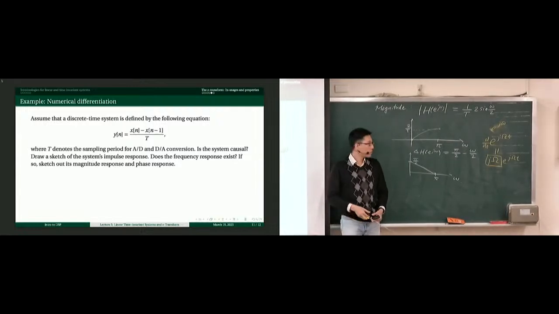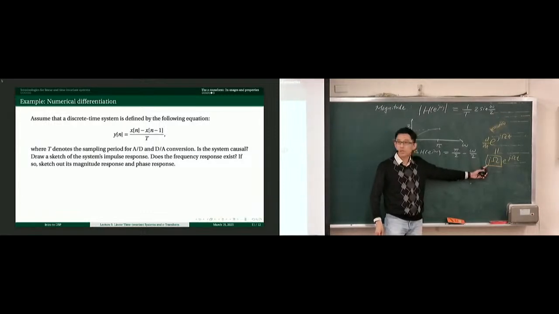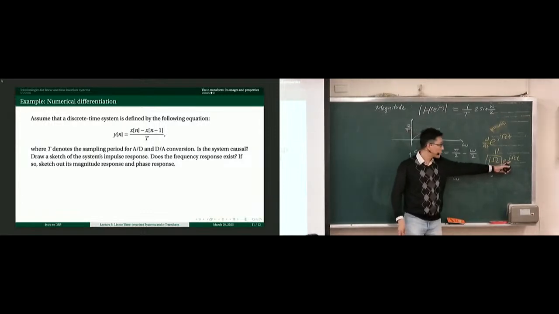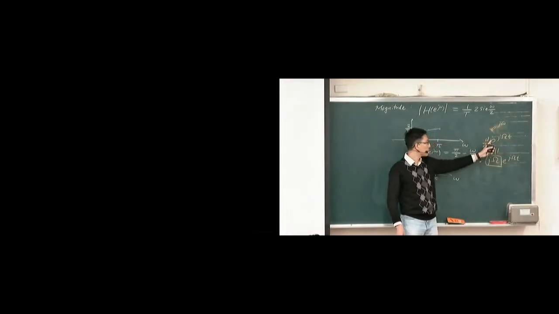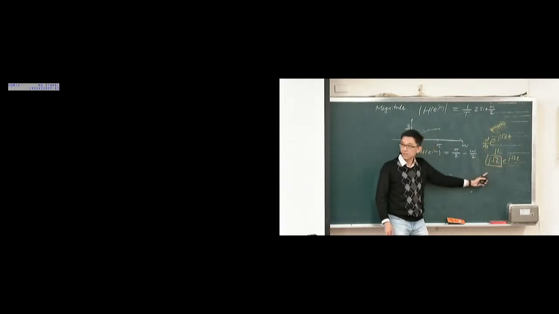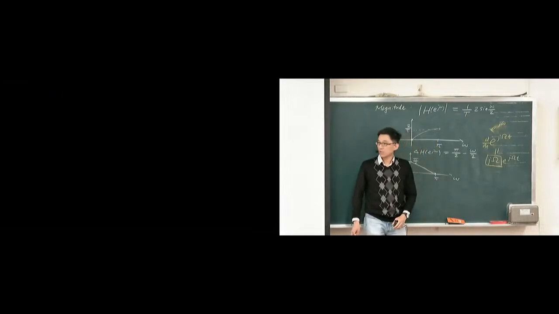Because in continuous time differentiation, there's no doubt this is rigorous. Take the first derivative of a signal with a constant frequency with respect to time, you get this. And that's a gain, or the absolute value of that should be the gain.